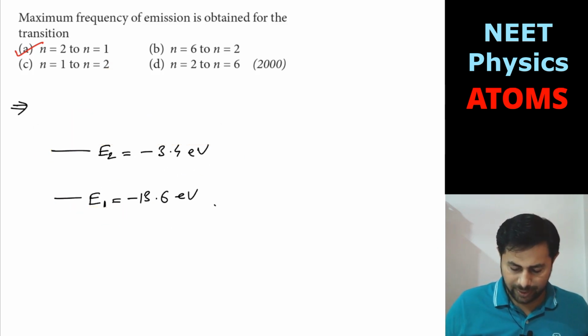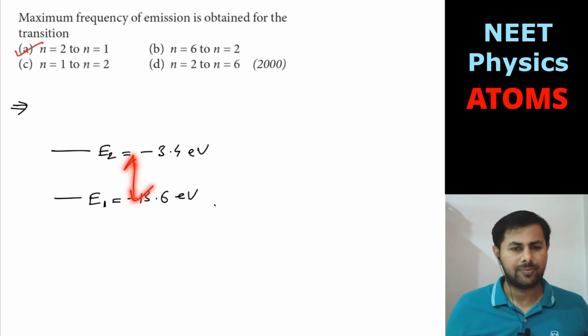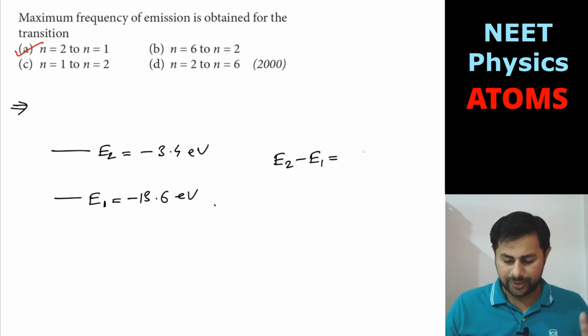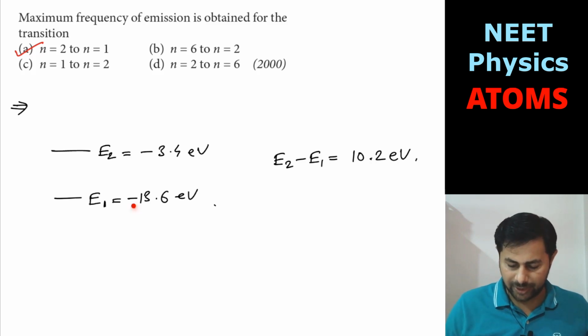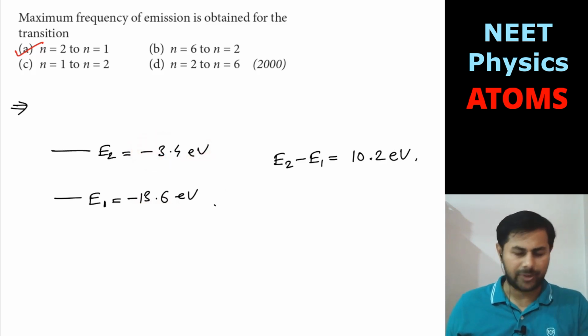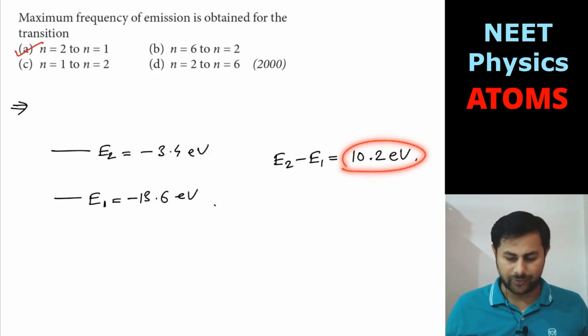So E2 minus E1 is 10.2 electron volts, that is minus 3.4 minus minus 13.6.